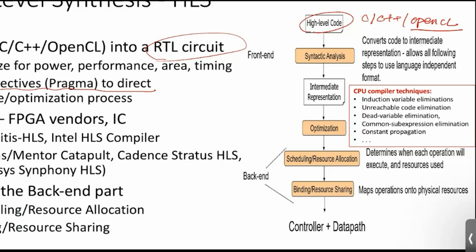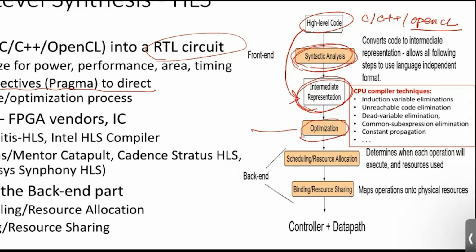So with a given high-level language, first you do the syntactic analysis, and then you transform it into an intermediate representation. For all different languages, you have a different front end for syntactic analysis, and they all generate the same intermediate representation, and from there you do the optimization.